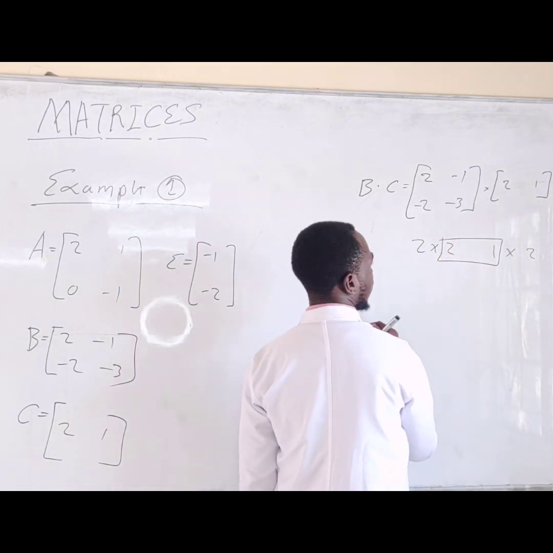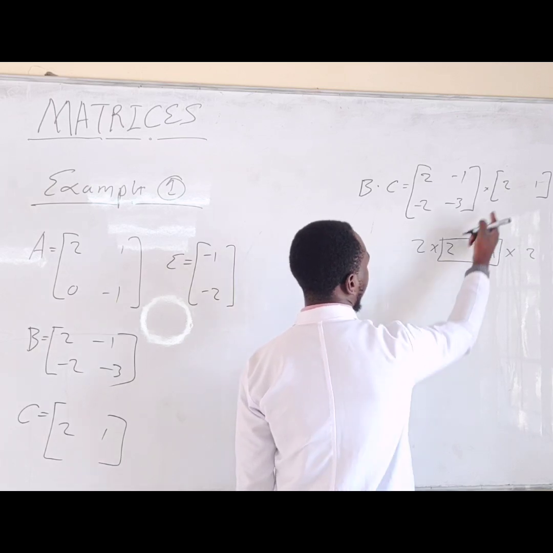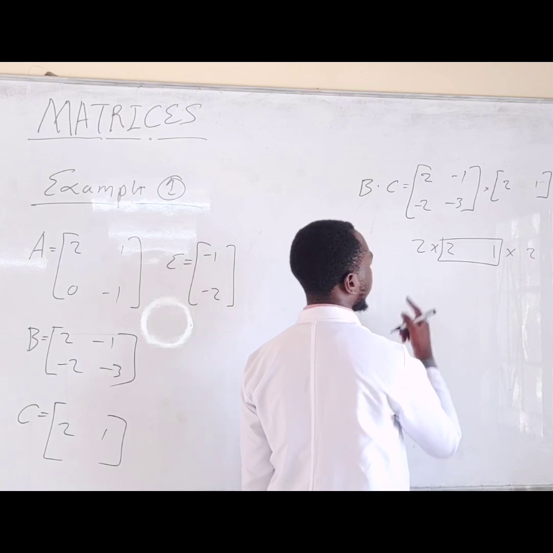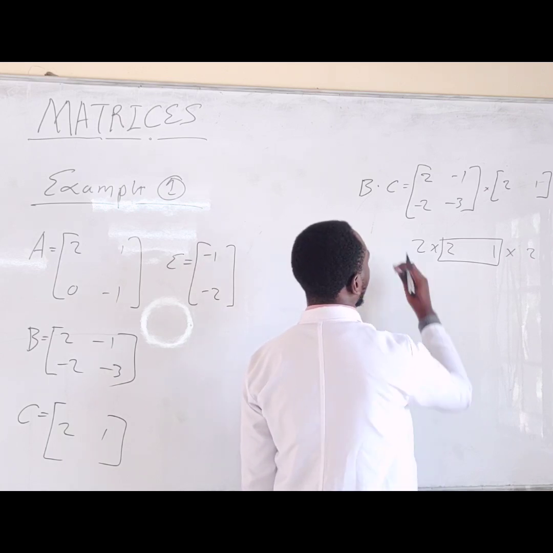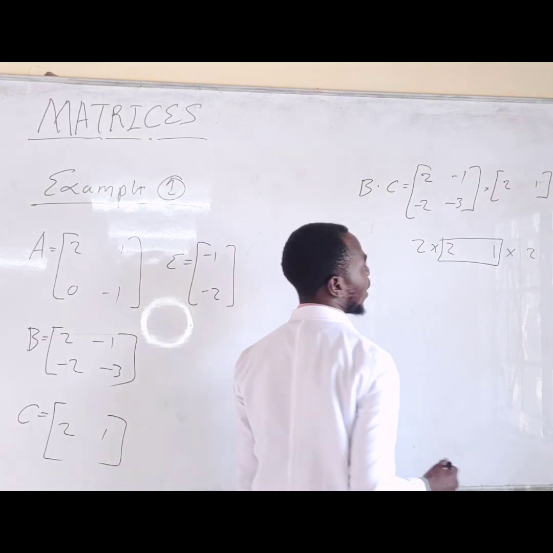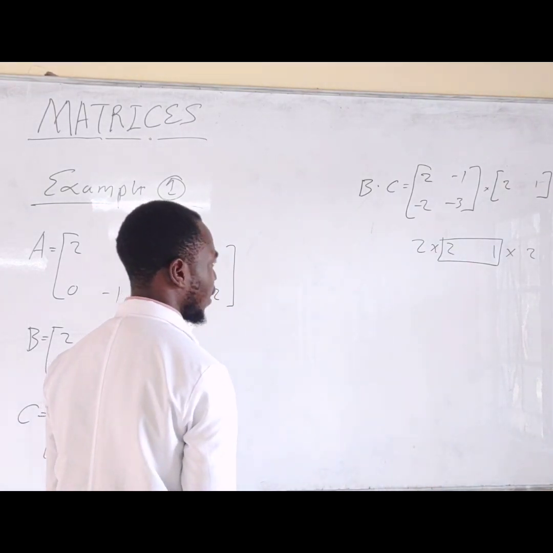These two numbers, they are not equal to each other. If these two numbers are not equal to each other, it simply means you can't multiply this given matrix. So here what you are going to say? You are going to say the multiplication of any given matrix with this order does not exist. It does not exist.